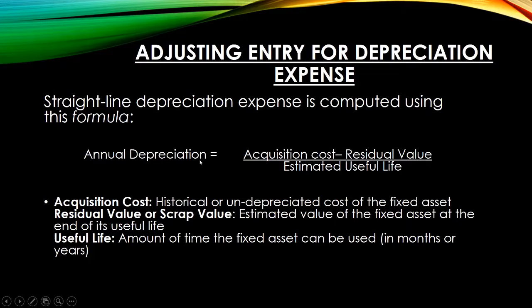The formula is acquisition cost minus residual value divided by estimated useful life. When we say acquisition cost, this is the historical cost or the amount you disburse in order to acquire a particular fixed asset.